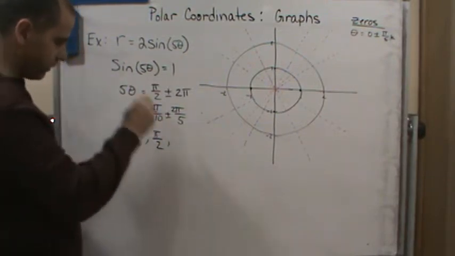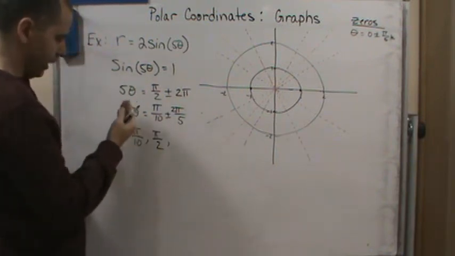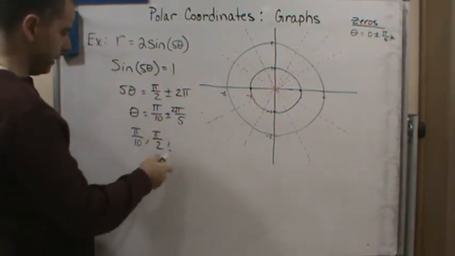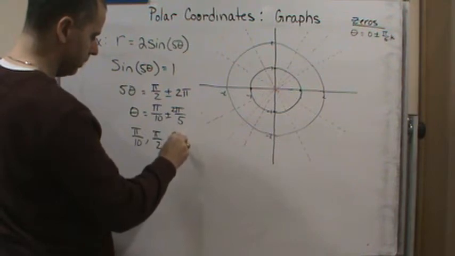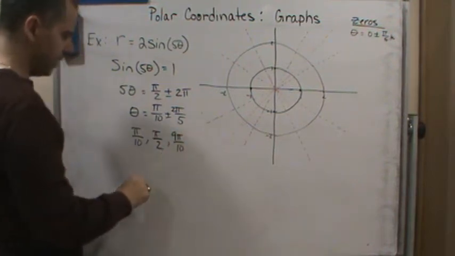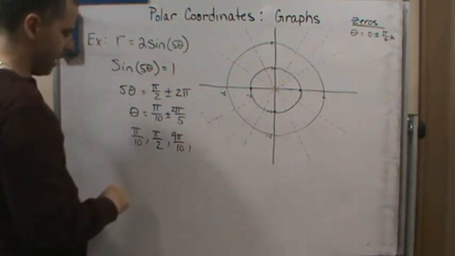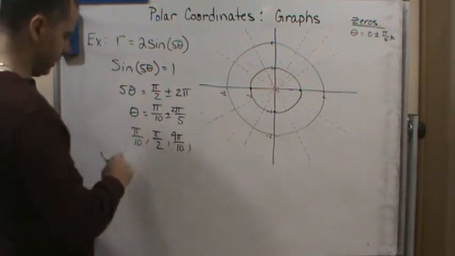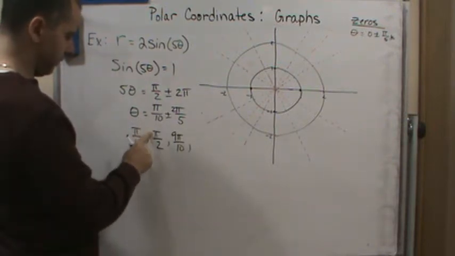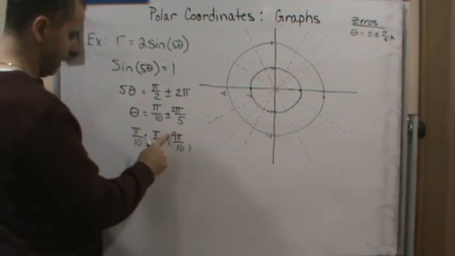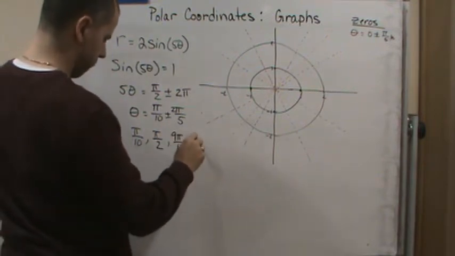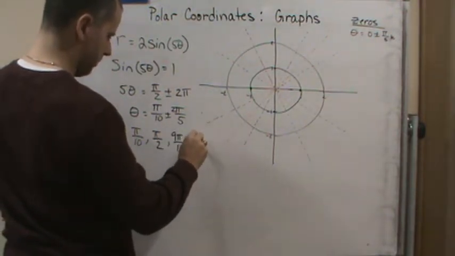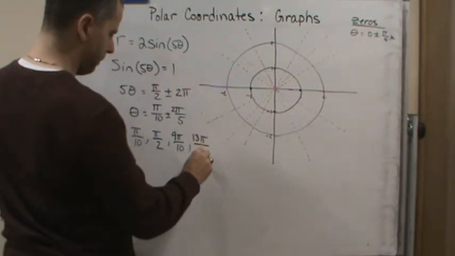It'll also have a maximum value at what? Let's see, 9 pi over 10. It'll also have a maximum value, well, let's see here, 1 plus 4 is 5, 9, 13. 13 pi over 10.